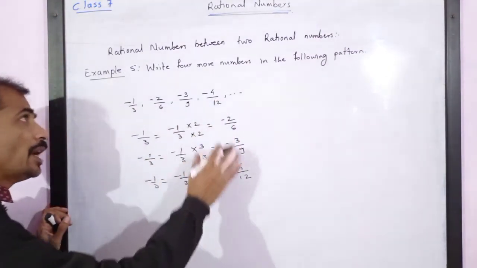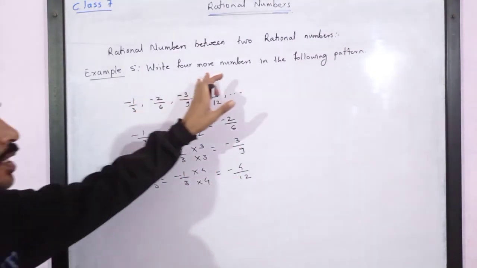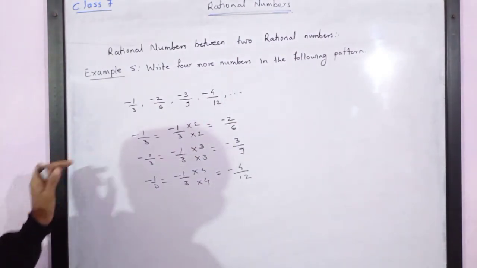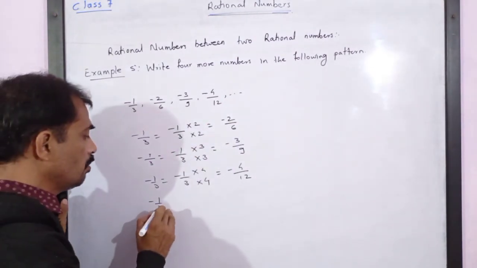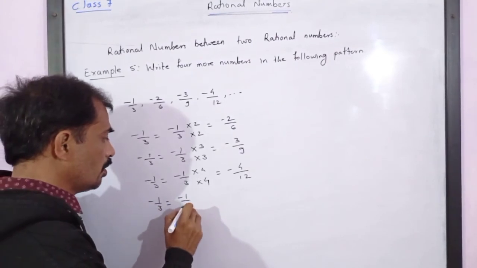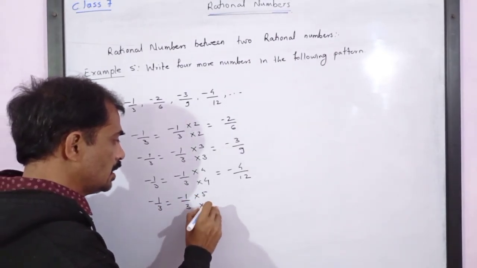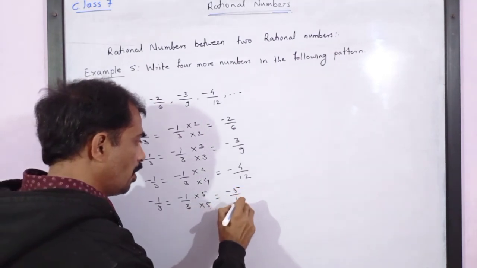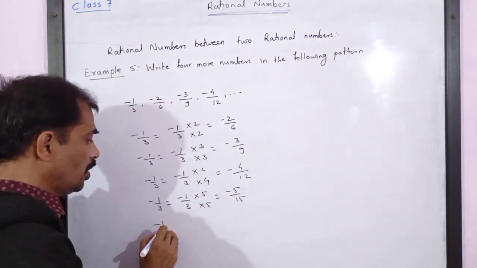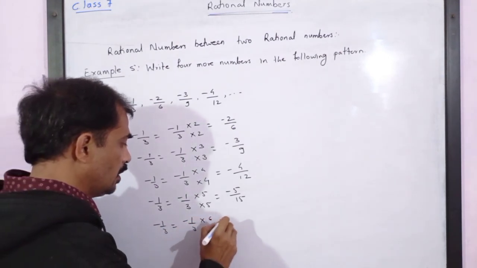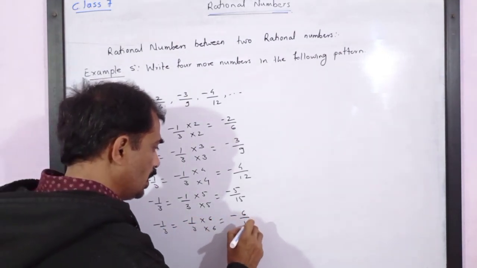Now, if we are supposed to write numbers in the same pattern, then we will get negative 1 upon 3 multiplied by 5. We will get negative 5 upon 15. Negative 1 upon 3, if it is multiplied by 6, we will get negative 6 upon 18.